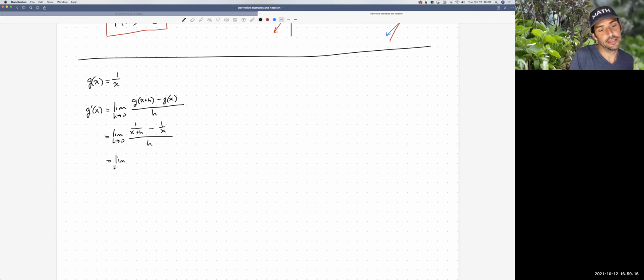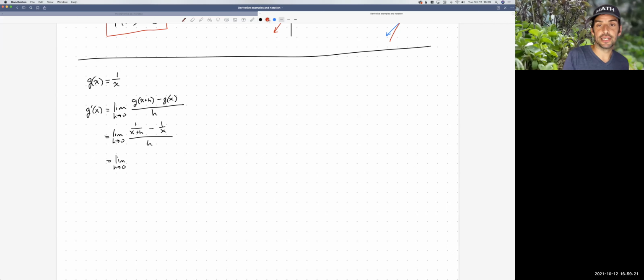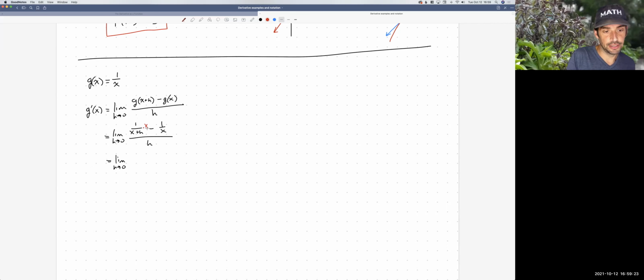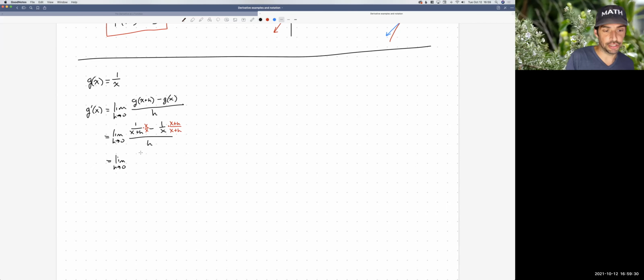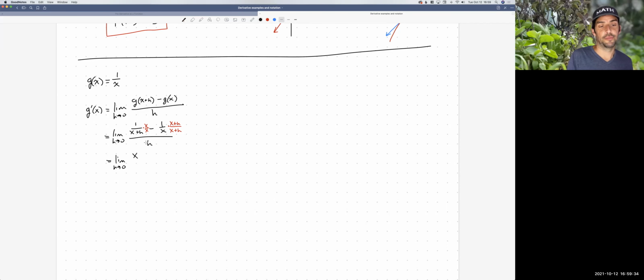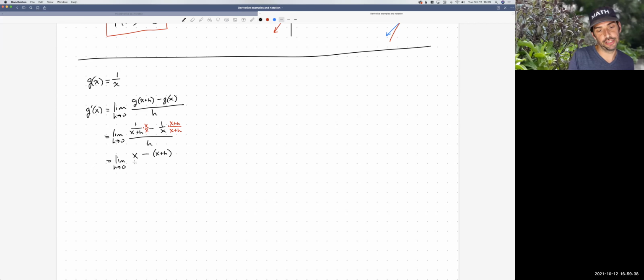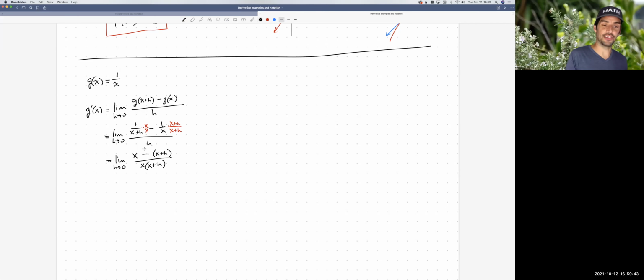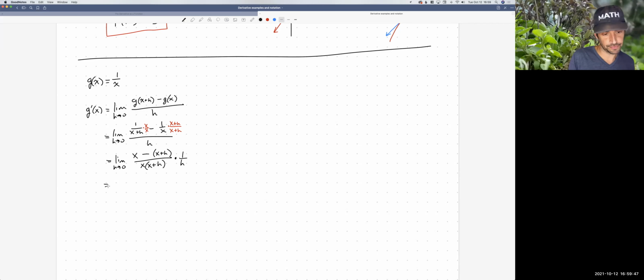We can get a common denominator by multiplying each term by 1. So I'm going to get x from the first term, and then I'll get minus x plus h, all over x times x plus h. I've still got this h in the denominator. Let's just write that as a 1 over h.